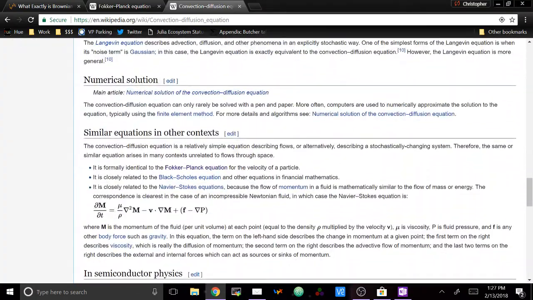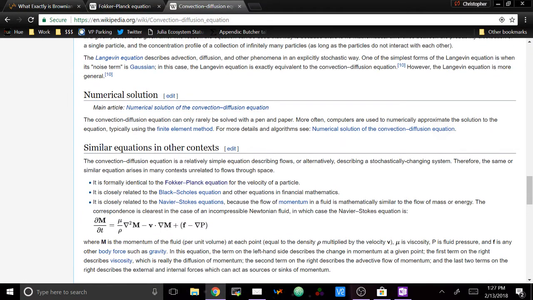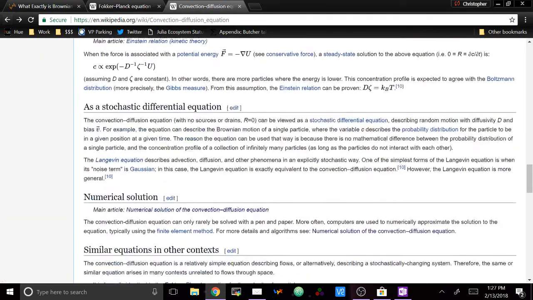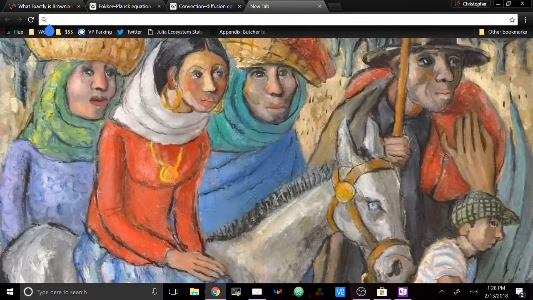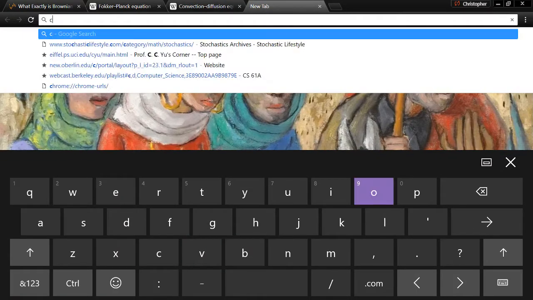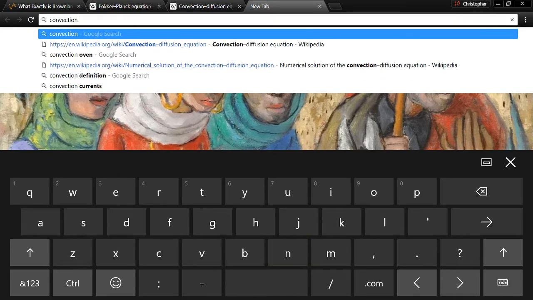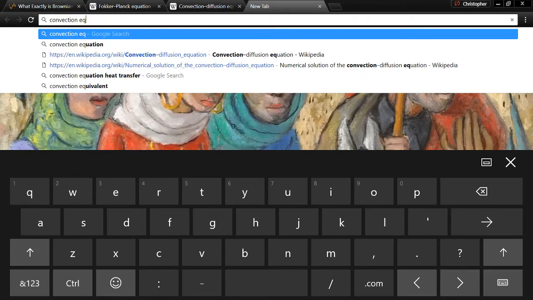So this diffusion advection equation actually has two terms. So you have this convection equation, not oven, convection equation.